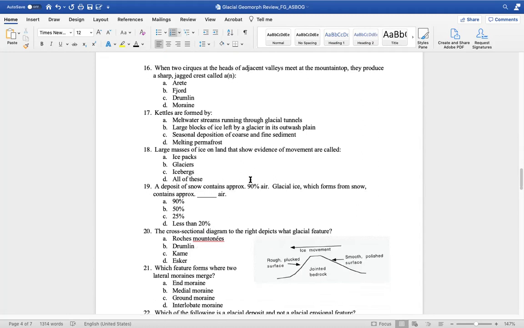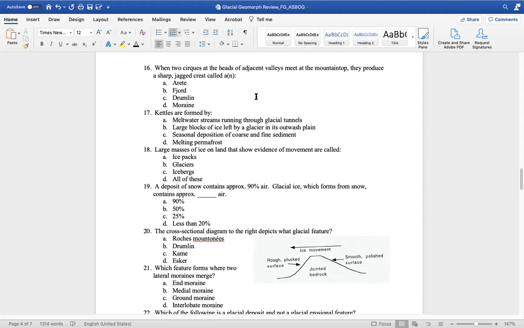16. When two cirques at the head of adjacent valleys meet at the mountaintop, they produce a sharp, jagged crest called a what? Let's look at the ones that we've already covered. We've talked about moraines, and those are depositional features. Sorry, no, let's back up.